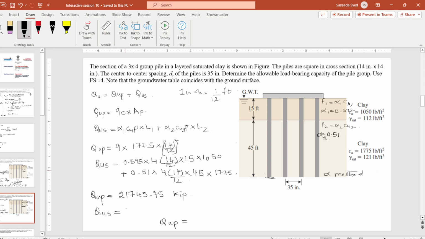This will be 233835 and the total will be, have to write.